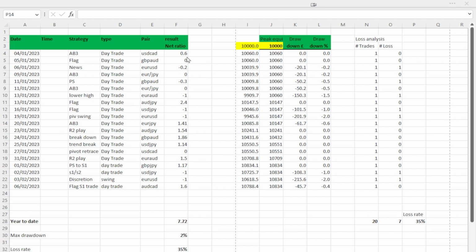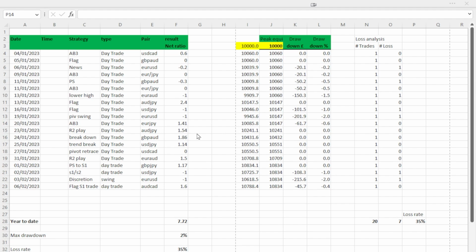So although that made 1.2 times the risk, the 0.5% made more than that. But I just put it down as the net number. So this would have been 1.2 if I'd used a full position, for example. But the rest of these are just full size positions mainly.